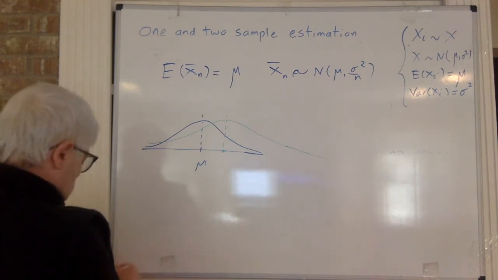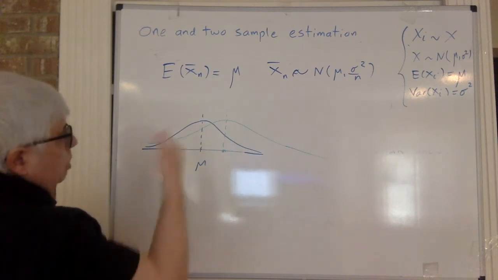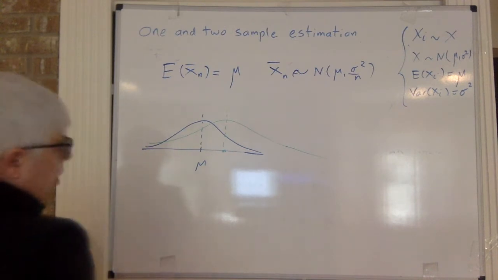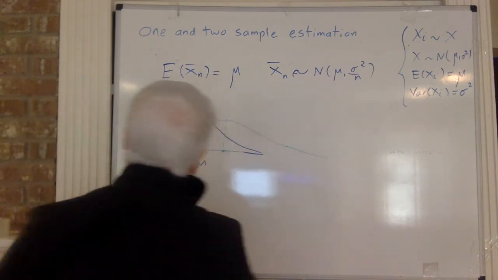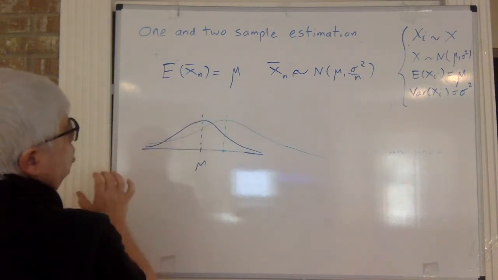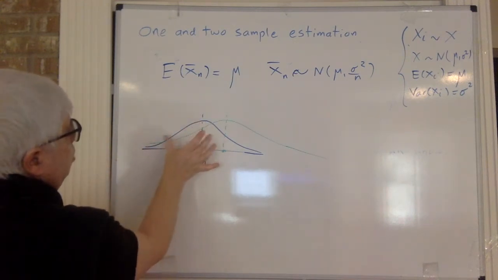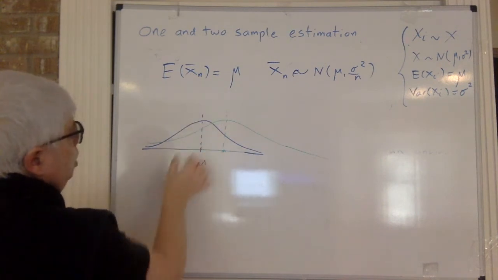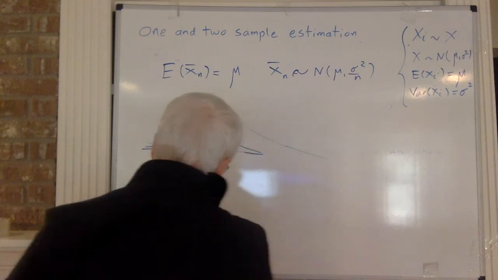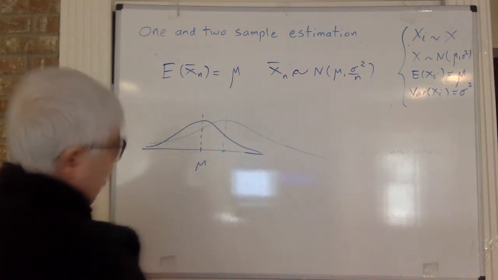So that's what, at least in picture, this means. Okay, so the distributions of unbiased estimators are, in fact, not concentrated here, but the mean is here.